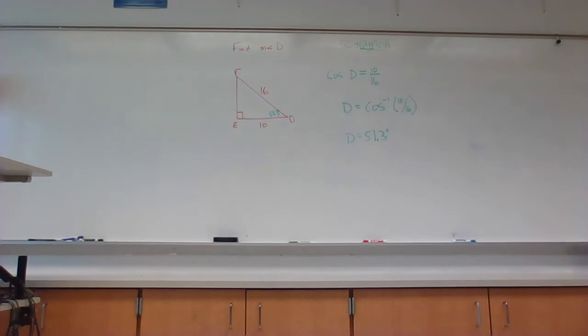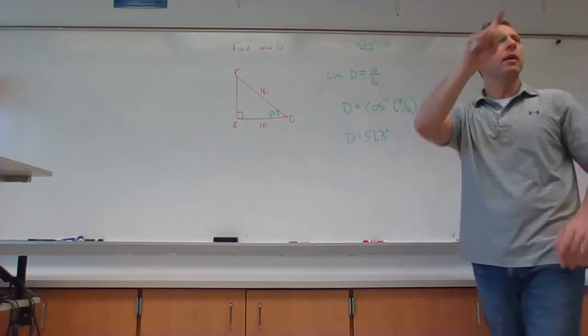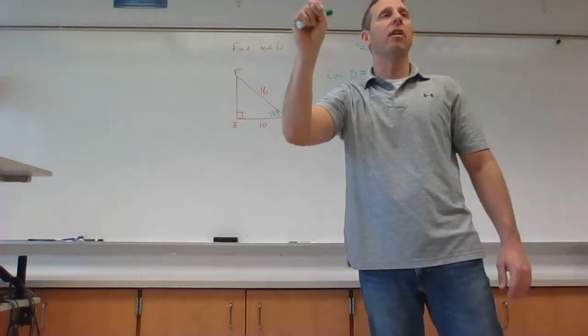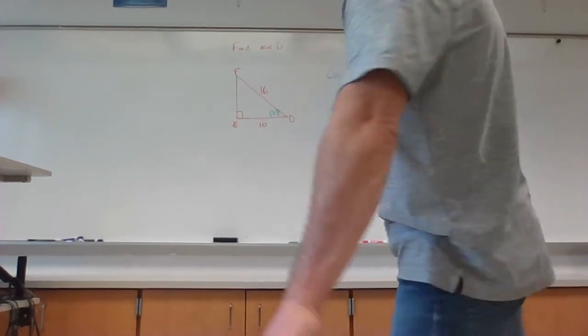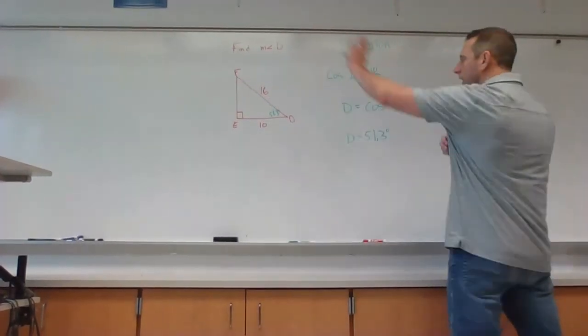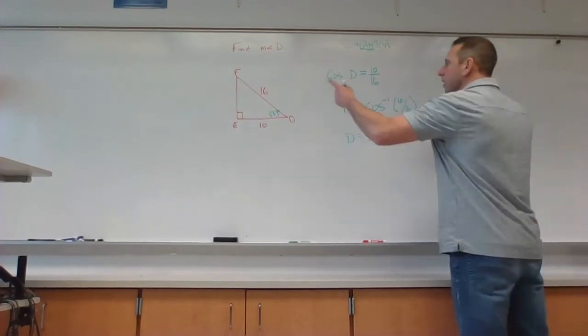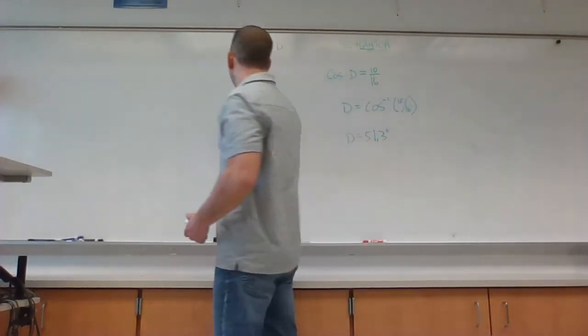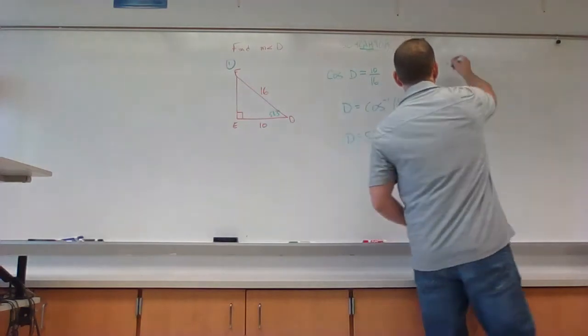Okay, hold on. Those of you that need help with the calculator, I'm going to put another problem up. Everybody try to solve, find the missing angle, and then I'll walk around and help some people with their calculator. All right? So number 2, or whatever number we're on. However you guys are numbered in your notes.